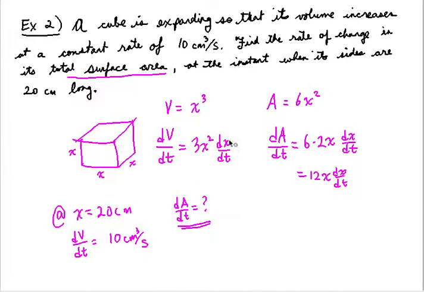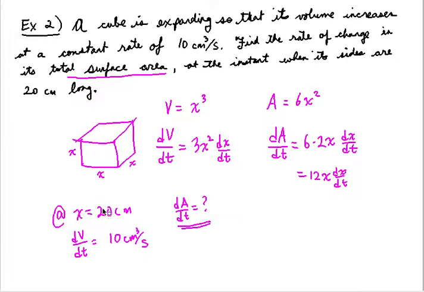In these two relationships, it looks like I could combine these, right? I have a dx/dt here, and since I don't know dx/dt, maybe I could solve this and plug it in here to find dA/dt. Do I even need the area? No, I don't need the area formula at all.